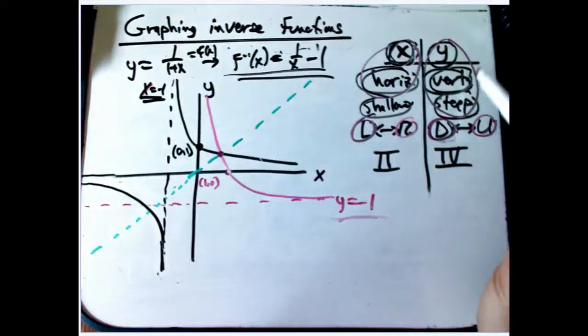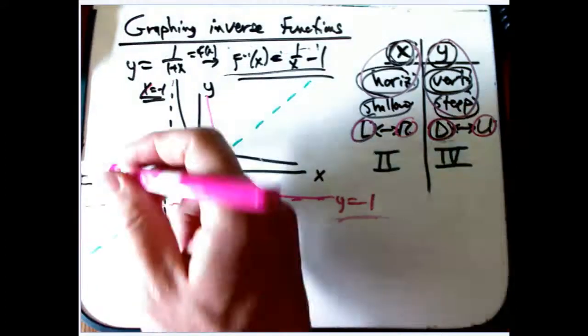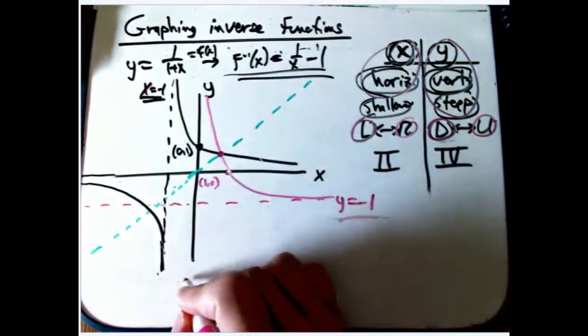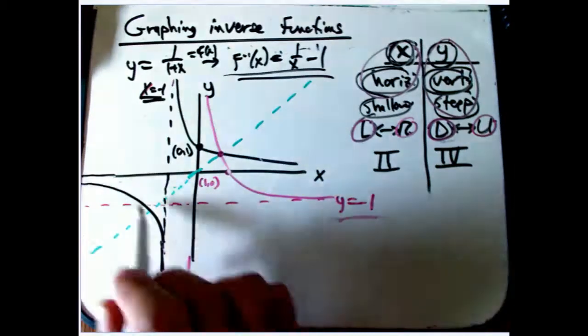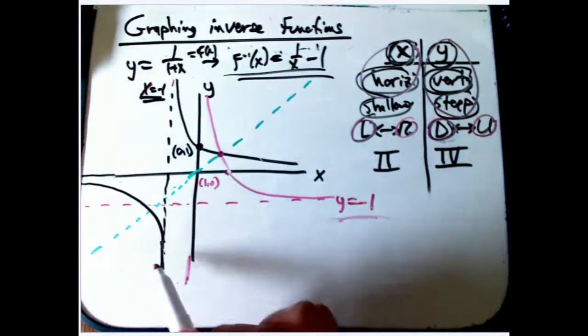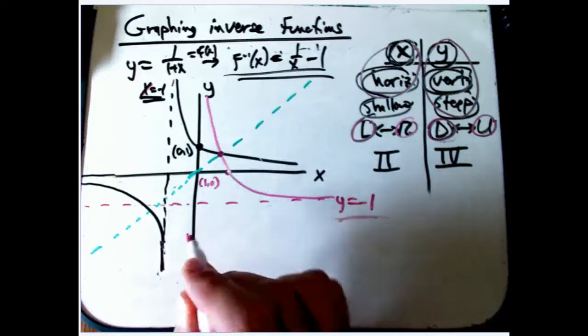So that's going to be coming in from a vertical asymptote on the bottom. Okay, pink. So this guy is going to flip over to here. Notice this is all in the third quadrant, so it's going to stay completely in the third quadrant. So this guy's going to come up from that vertical asymptote.